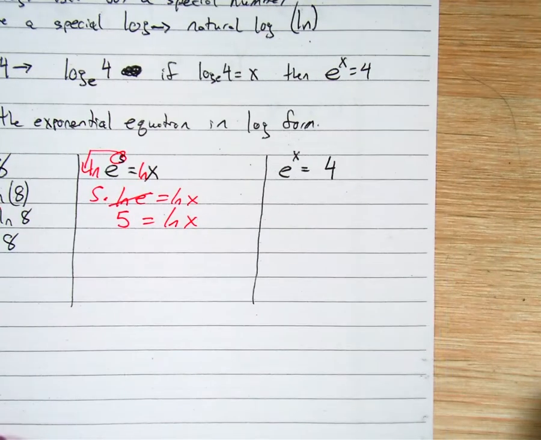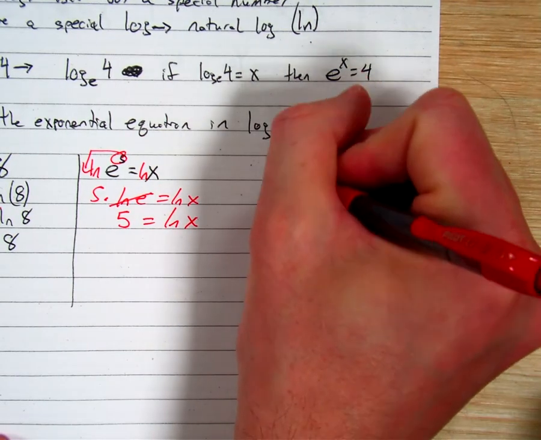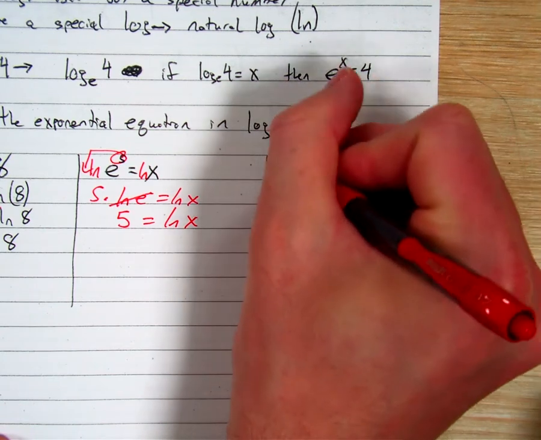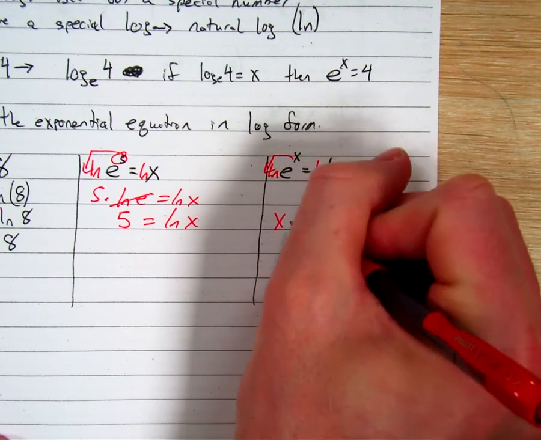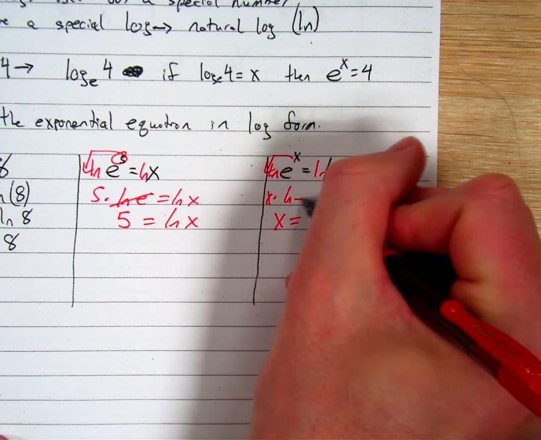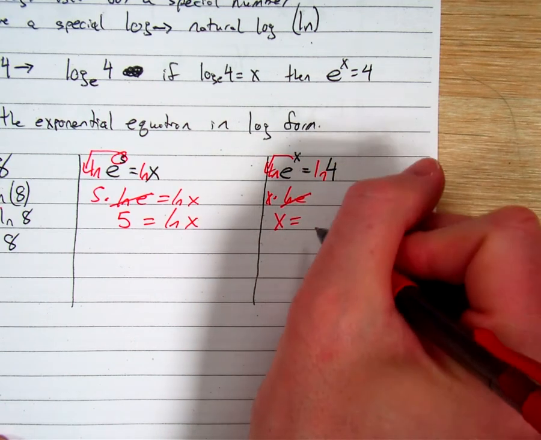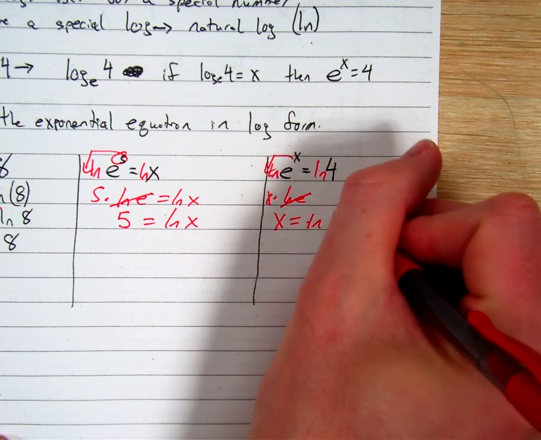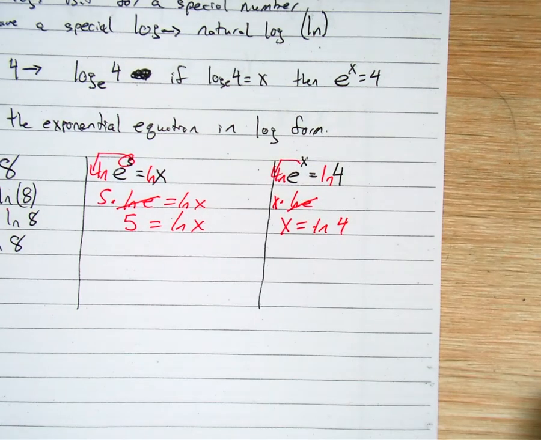Over here on this one, very similar to our first one that we did, natural log, x comes down in front. Natural log and e would cancel out, and we'll get natural log of 4. x would equal natural log of 4.